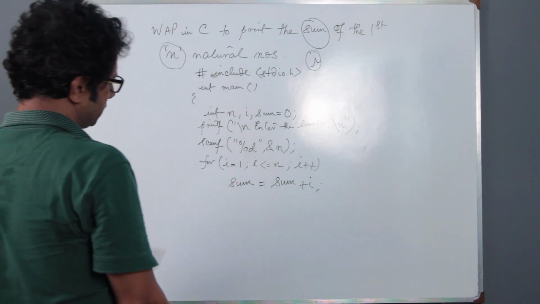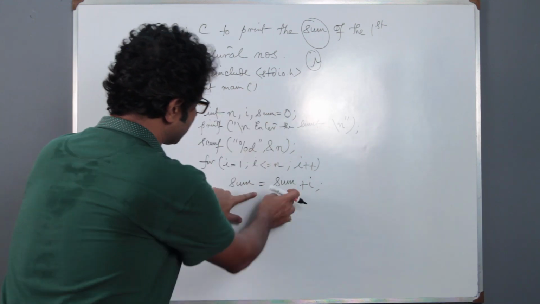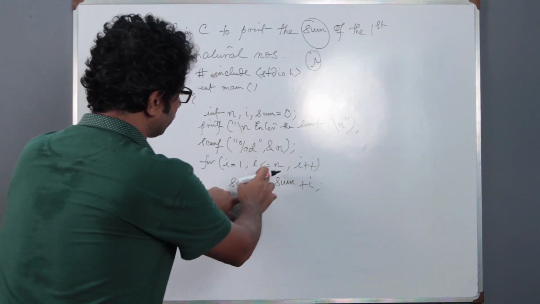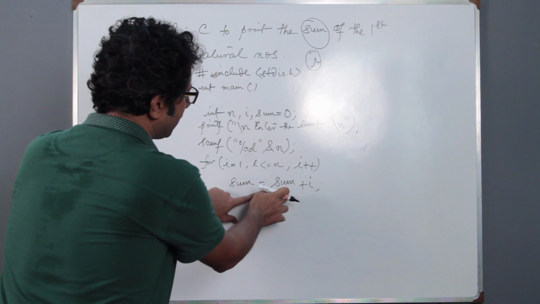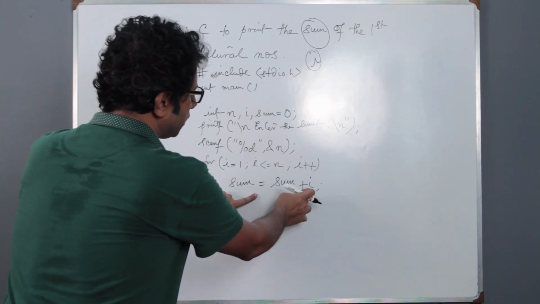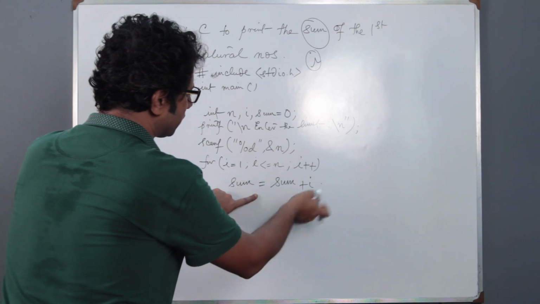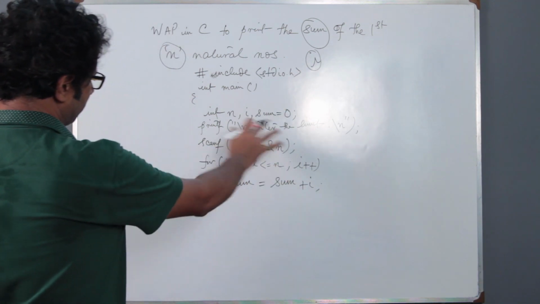That means first sum is 0, and that 0 will be added to 1, and in the next iteration when i becomes 2, that 1 will be added to the next value of i, that is 2, to give a result of 3, and so on and so forth. So this is the repetitive operation.